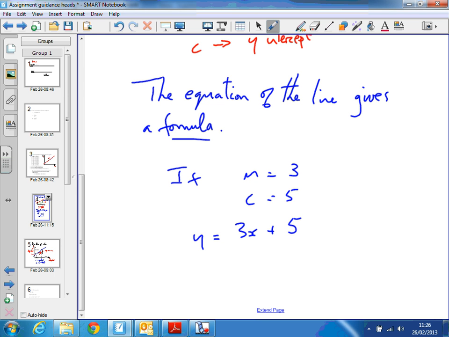If x was 4, what would y be? $17. If x was 4, 4 3s are 12, plus 5, 17. Okay, so given a value for x, I could find y.